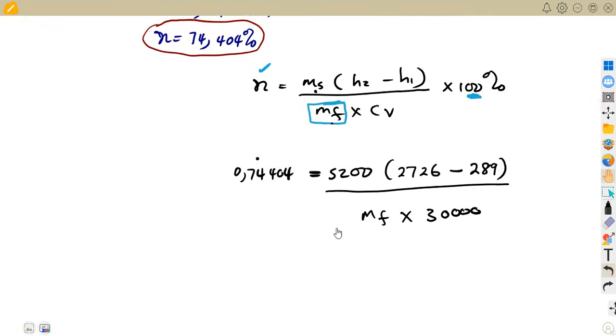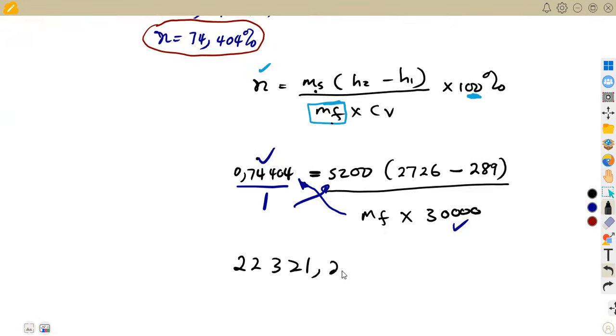All right, so here, what we can do is to cross multiply. Let's just work our simple equation. Cross multiply this whole part here and this whole part. So this is going to multiply this number of 30,000, which is going to be 22321.2 times the mass of fuel, which is equal to 1 multiplied by this.